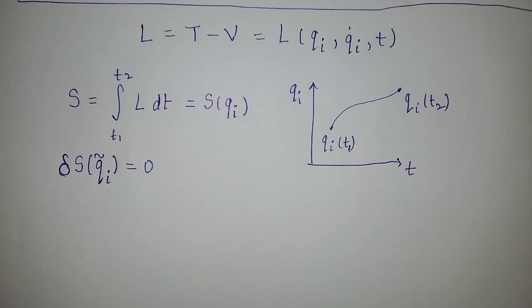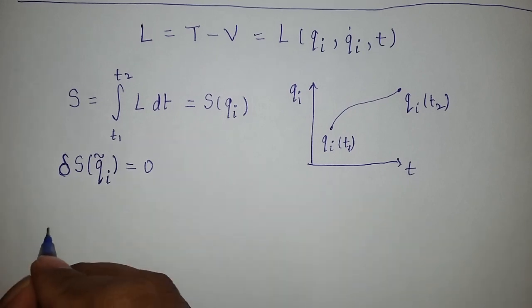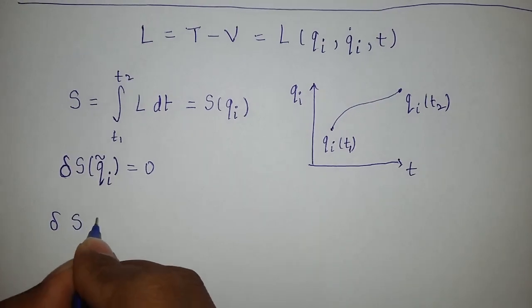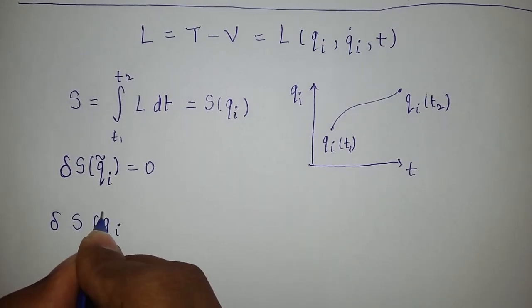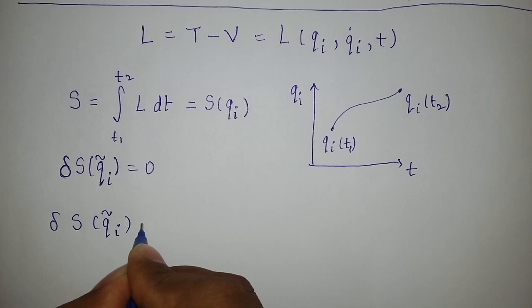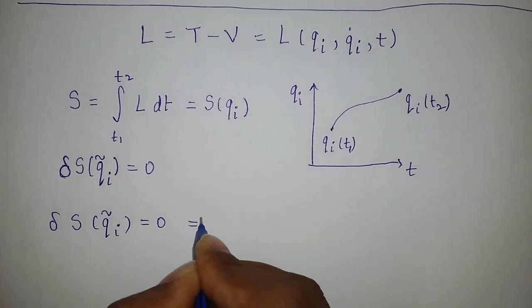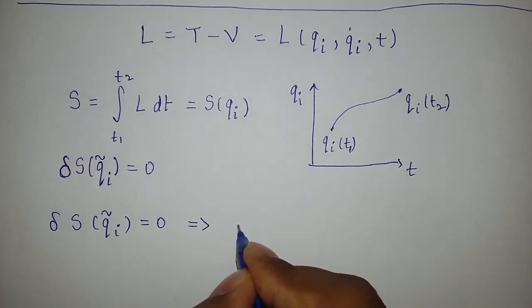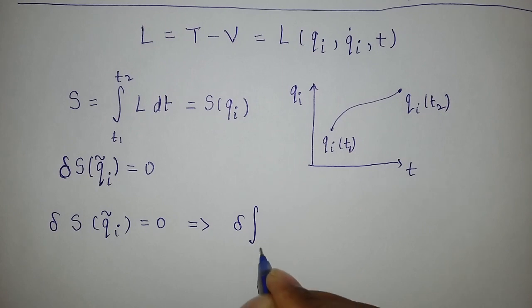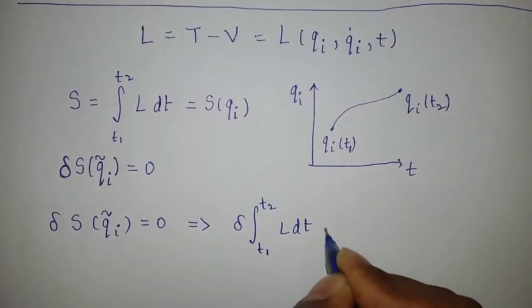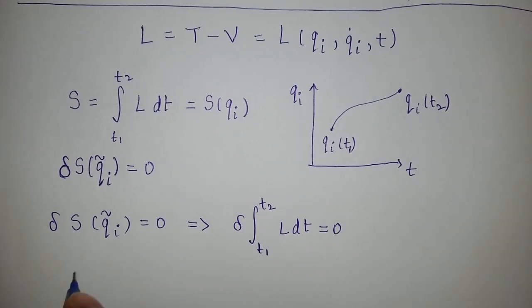Now let us begin the mathematical manipulations. We have the variation of S. The slight variation in S is 0, which implies delta of the integral from t1 to t2 of L dt equals 0.